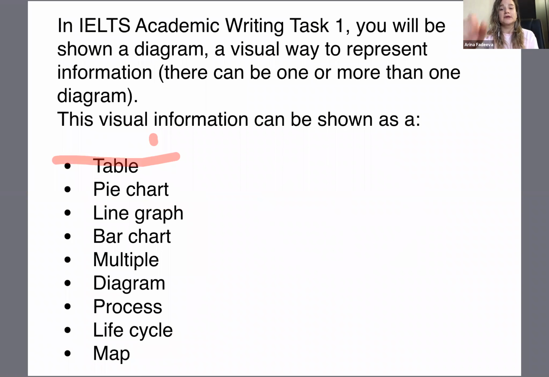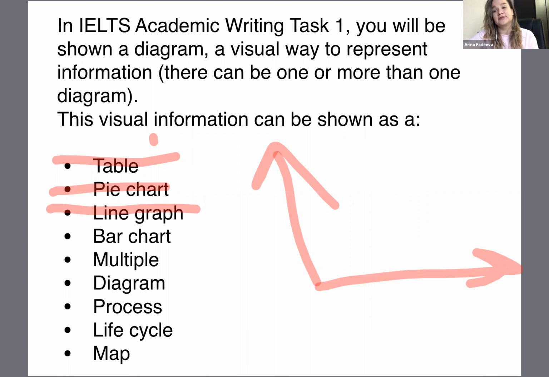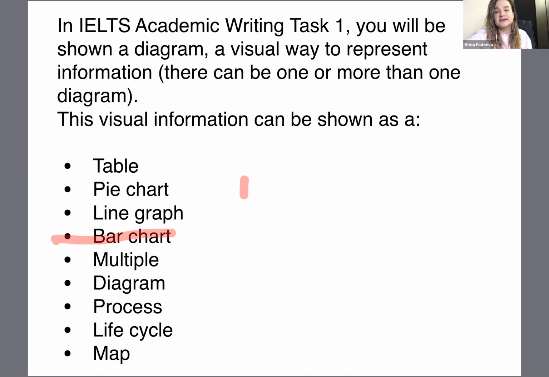All right, tables, pie charts, line graphs, they are pretty easy too. They're usually dynamic and they show the dynamic of something, if something increased or decreased and how. Bar charts could be practically the same.